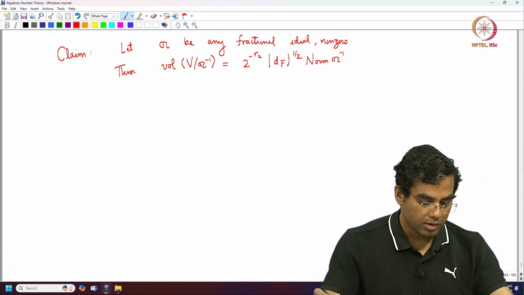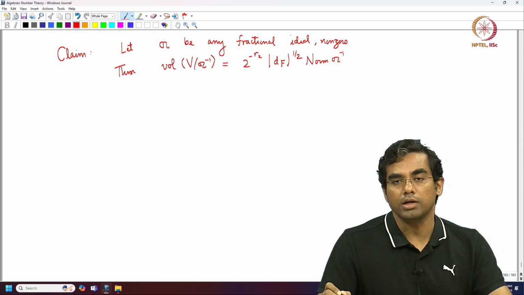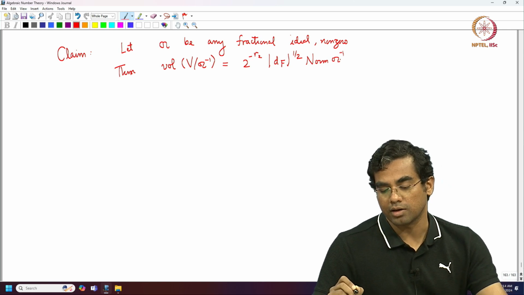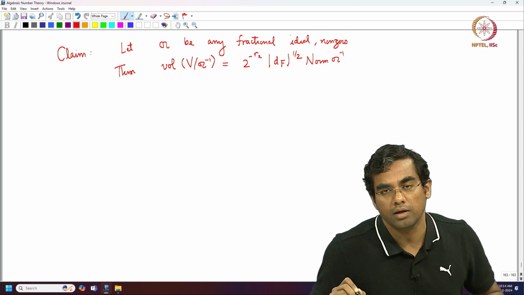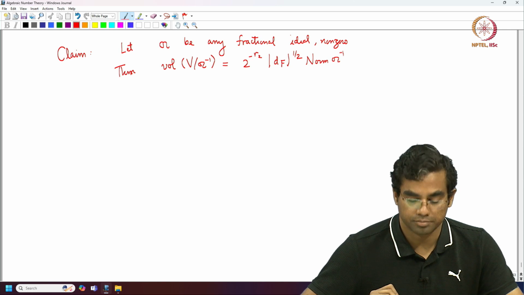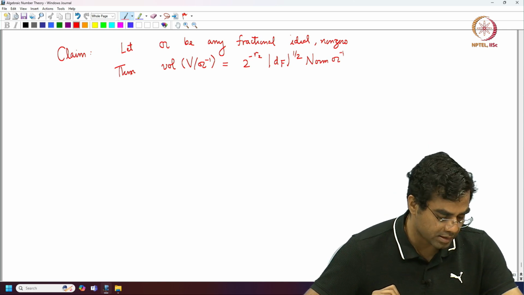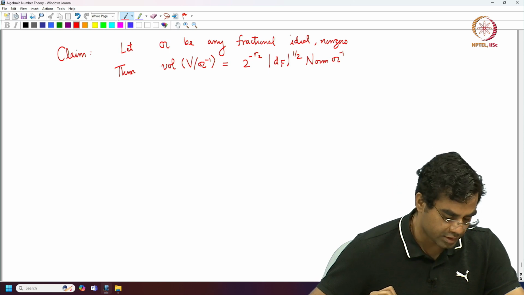Okay. So, it is clear that this is the volume when you take A to be the ring of integers, and the claim is easy to prove from the fact that norm of A is the same as the number of elements in OF mod A if A is an integral ideal, and from that you can deduce this claim.